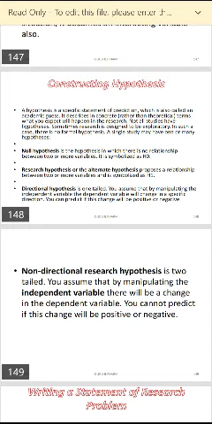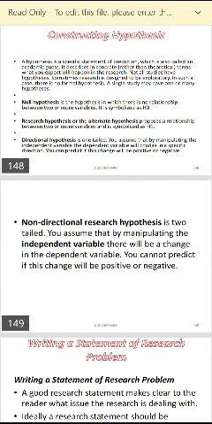A research hypothesis or the alternate hypothesis proposes a relationship between two or more variables and is symbolized as H1. When there is a relation between variables, it is called H1. When there is no relation between variables, it is called H0.